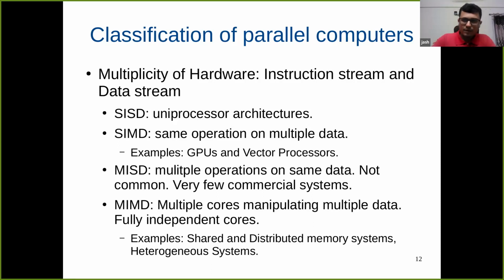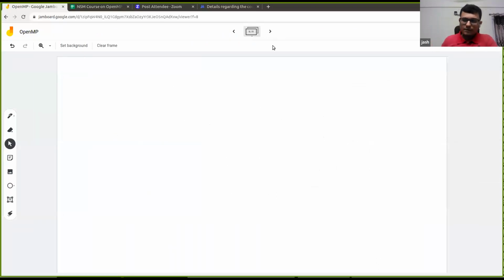Let us look at the whiteboard now. Based on Flynn's taxonomy, parallel systems are divided into four parts based on instruction stream and data stream multiplicity.